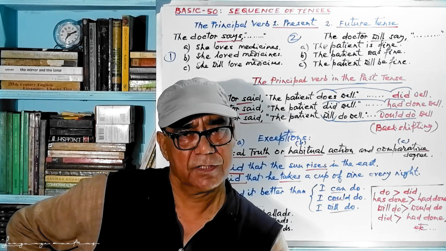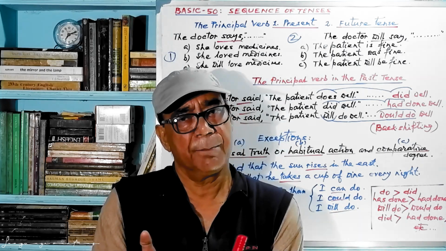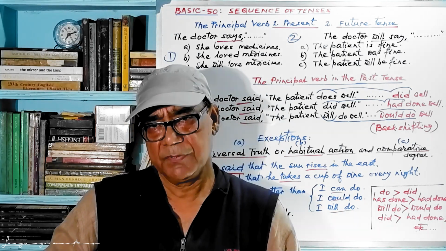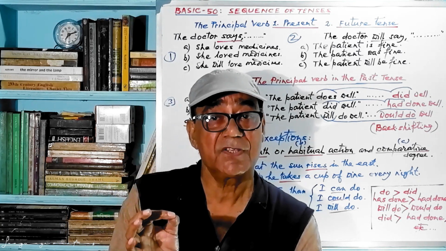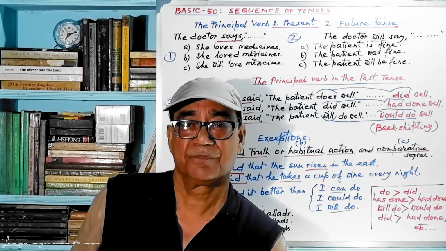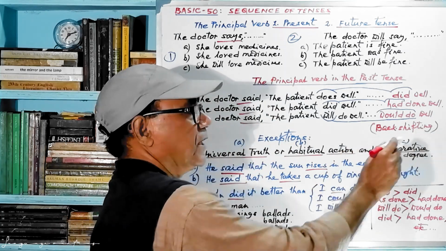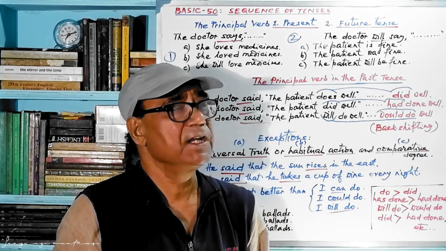Got the point? In other words, if the main verb is in the past tense in a sentence, then all the verbs in the sentence must show the past context. This is what is known as back-shifting. I think a little bit of explanation is necessary.